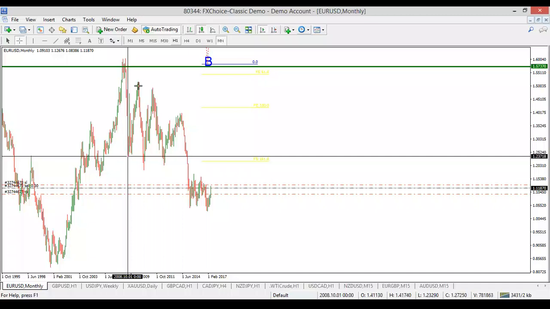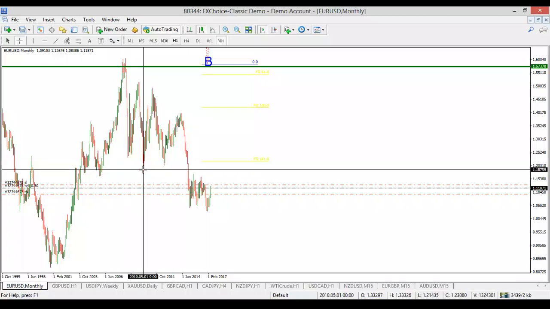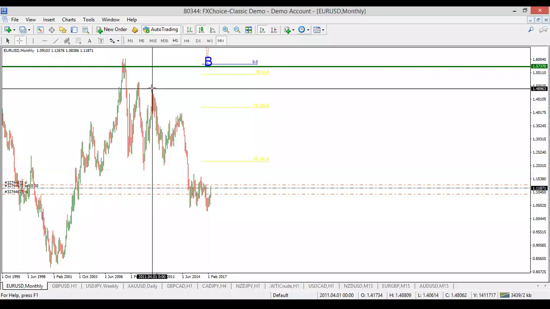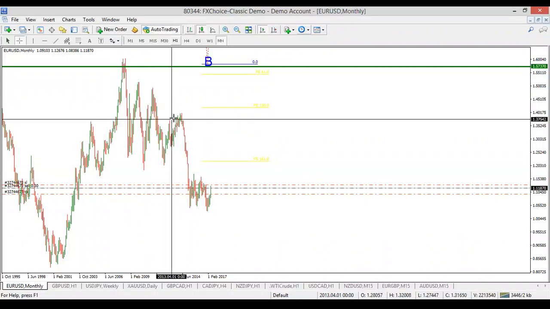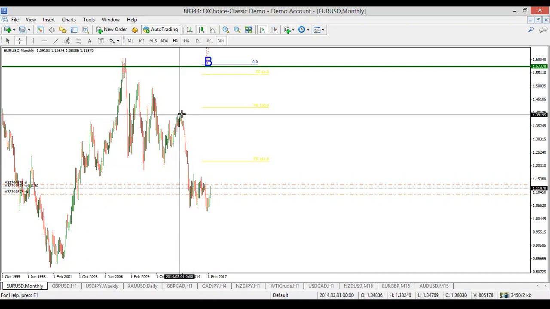It started regaining again and had another lower high by 2009, formed a lower low May 2010, formed a higher high April 2011, formed a lower low 2012, and now formed a higher low, higher high 2014. After that, the January 2015 or 2014, what do you call it?